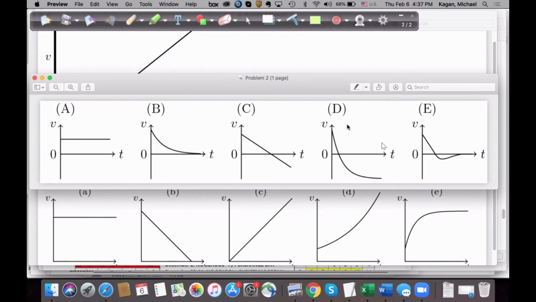D. Okay, can somebody argue? Okay, very good. Just to add, I'm not sure if I heard you correctly, but when the object moves up, air resistance is there as well. Yeah. Okay, good. Let's move on to the next one.